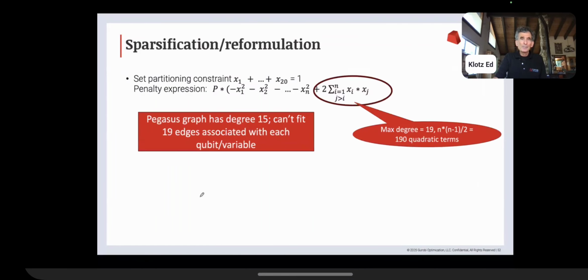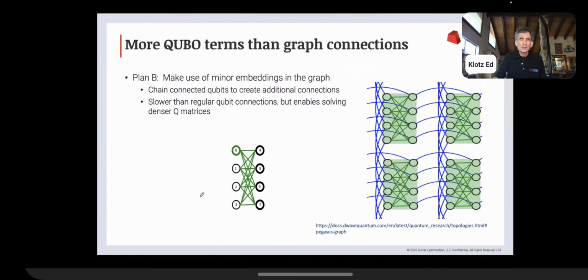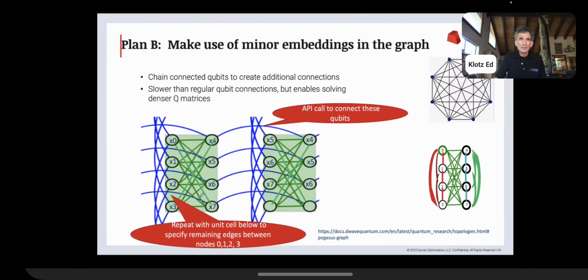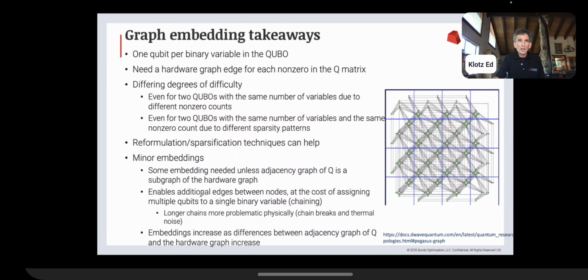So we will talk about that, but for now I'm going to skip it and just go to the summary. The summary is, again, 1 qubit per binary variable, and you need a hardware graph edge for each non-zero in the Q matrix.